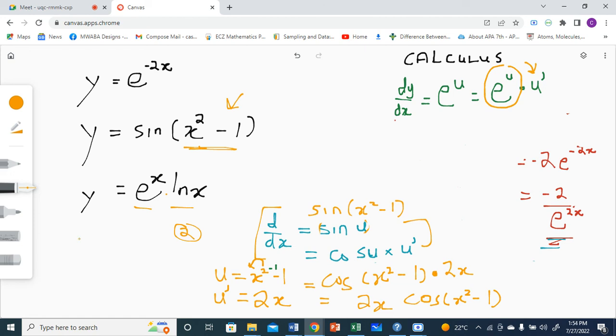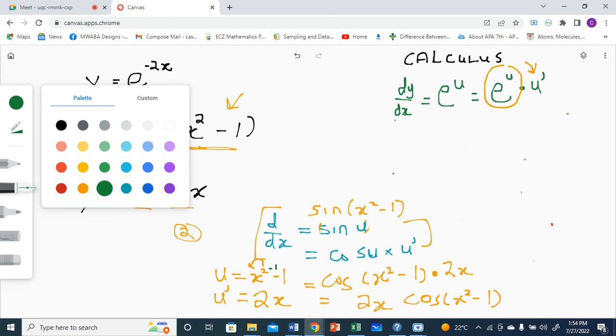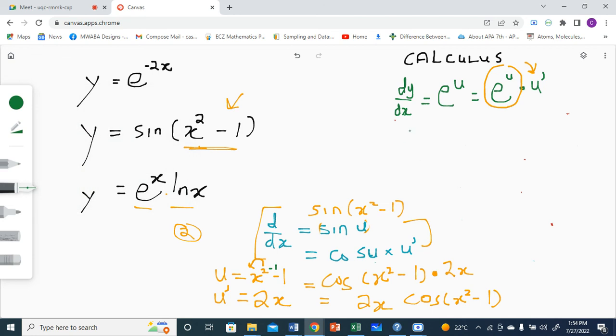You have to use the product rule. So please write that down.